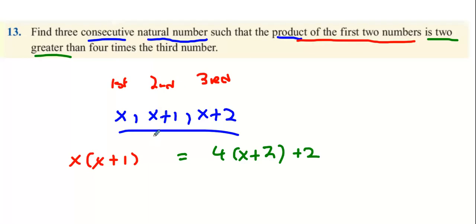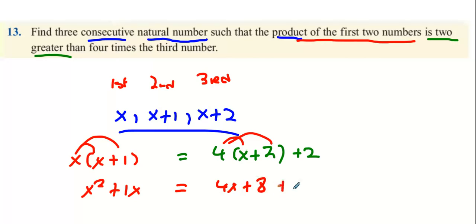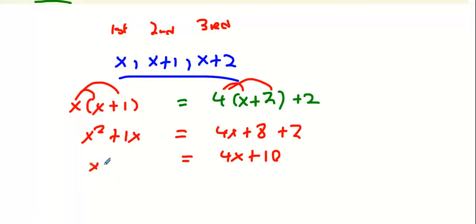Okay, so look what happens now. x by x, x squared, x by 1, 1x equals 4x plus 8 plus 2. That's 4x plus 10. Now keep those equal signs stacked if you can.